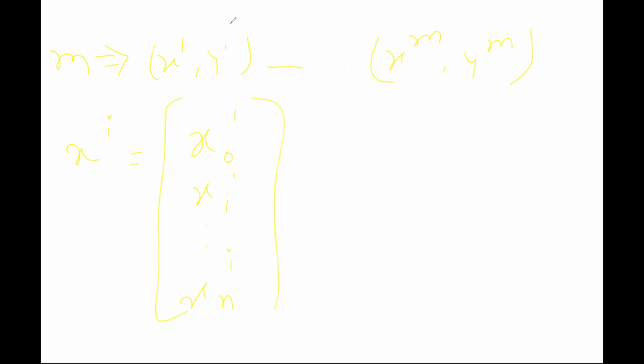Here my n is the number of features. If I am having 4 features, it will be till 4, and this is the data point, whether it is the first point or second point, 1, 2, 3. Take it as m for the data points, and n for the features, and this y.